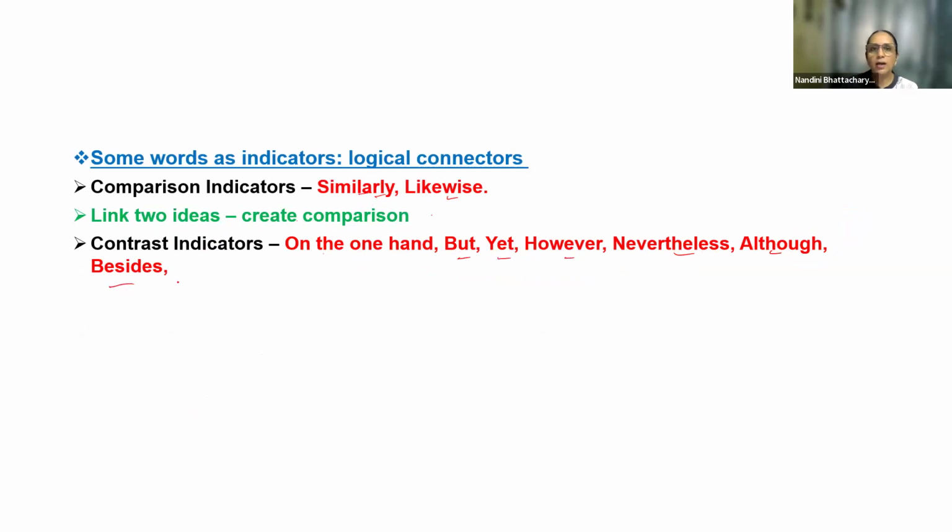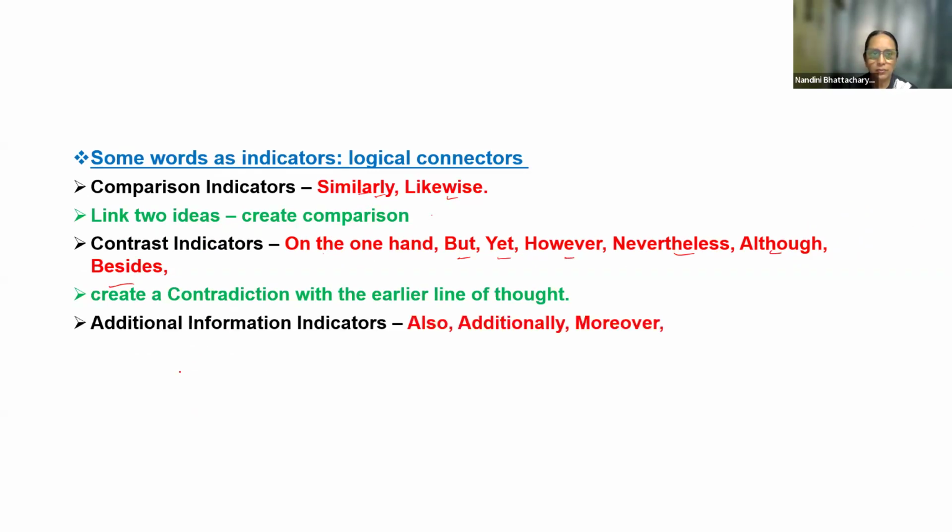They mean the other idea that it is connecting to is not similar. So it creates a contradiction. Additional information: also, additionally, moreover. They mean the sentence before that is a similar idea, but we are adding something to it. We are not just comparing two similar ideas, but we are adding something.